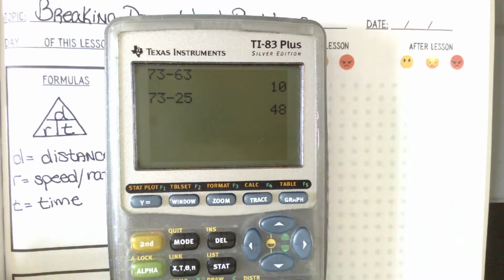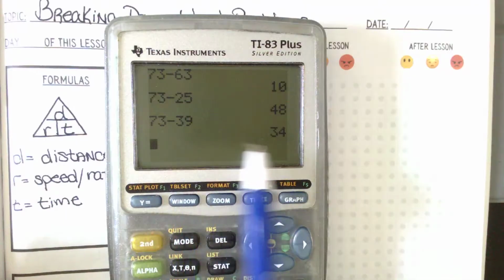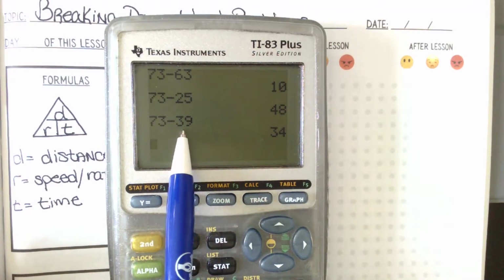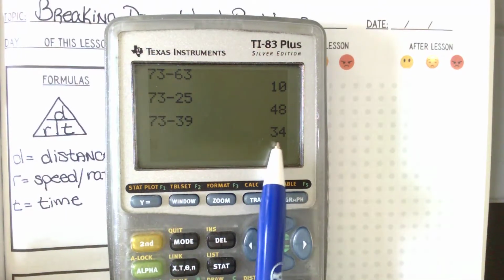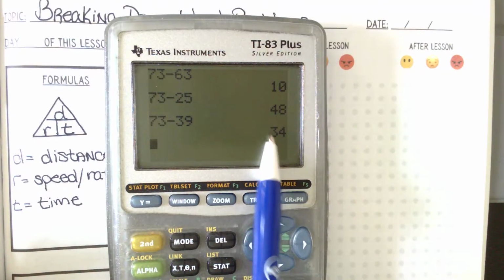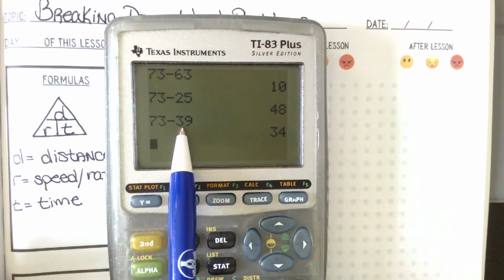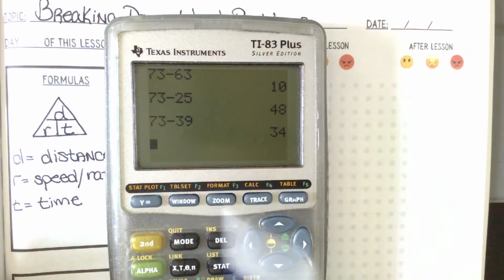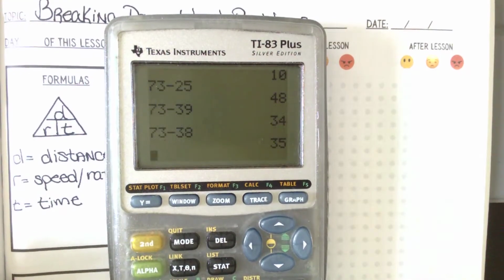So if I say 73 minus 39, look at that, I have 39 and 34. Since this number is bigger than this number, it has to be a little bit larger than 34, but lower than 39. So let's see, 73 minus 38. Getting us closer.